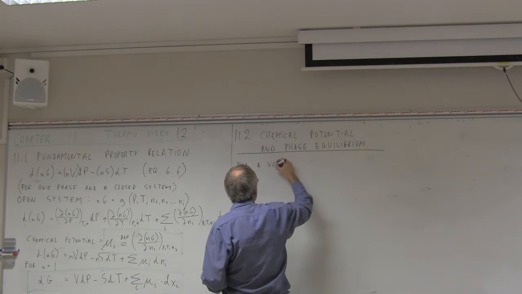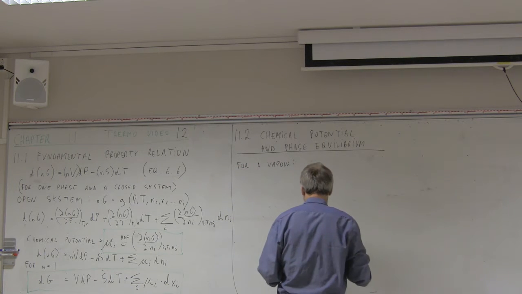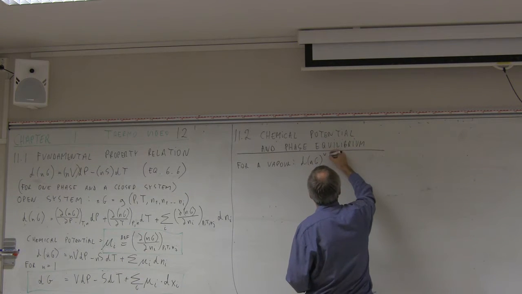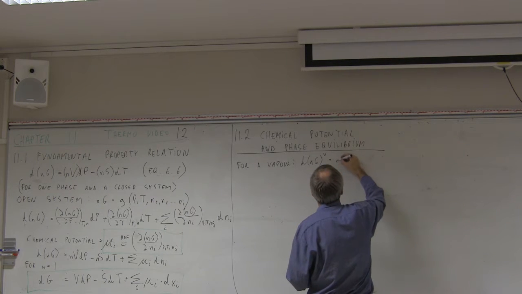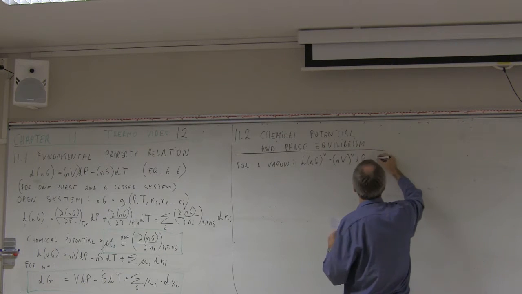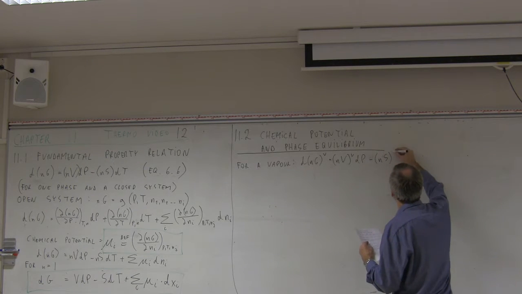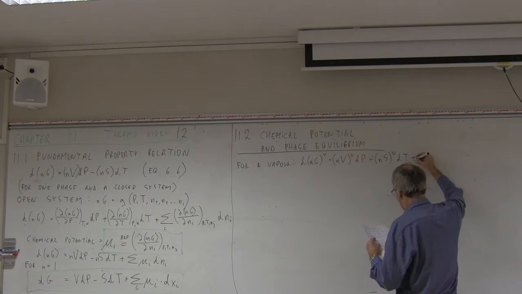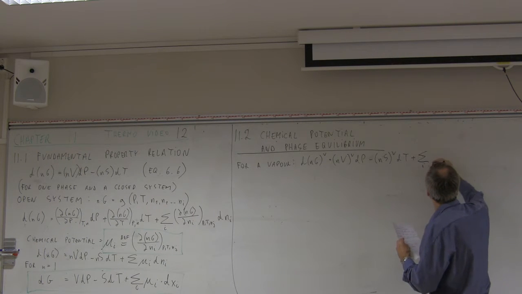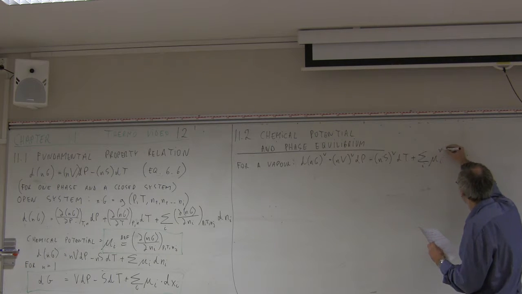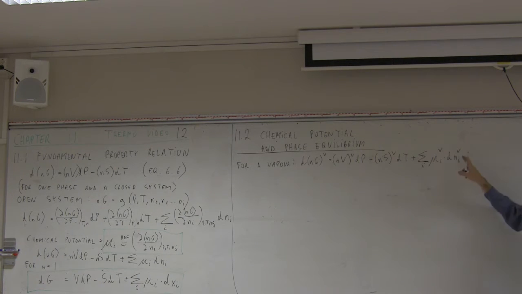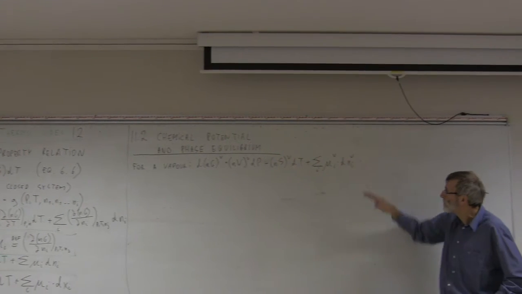For a vapor, the change in total Gibbs energy in the vapor is NV for the vapor dP minus NS in the vapor dT plus the sum of the chemical potential in the vapor times the change in the amount of vapor of component i.